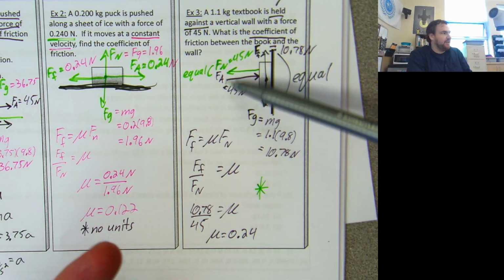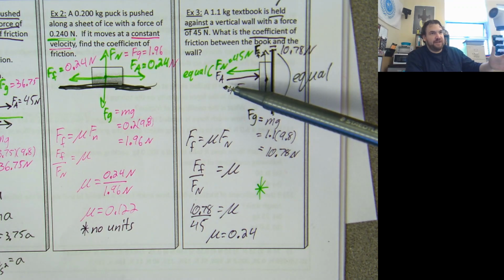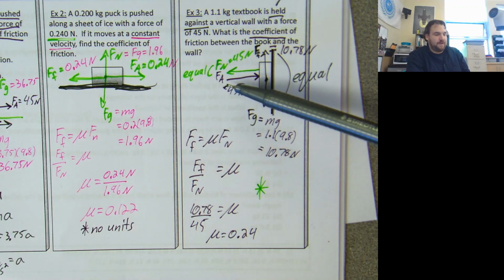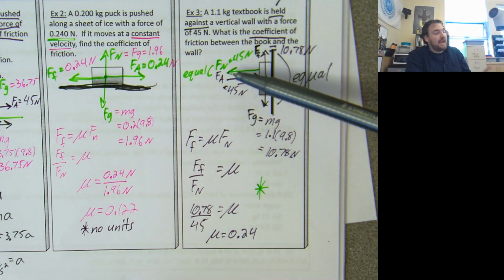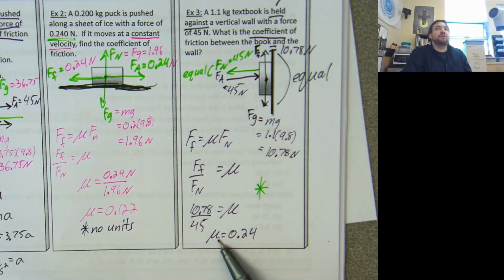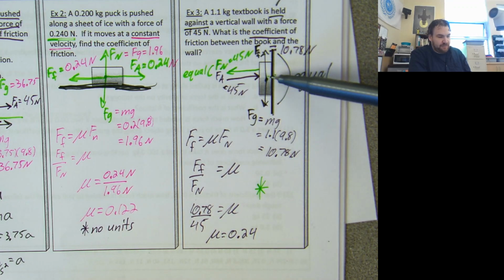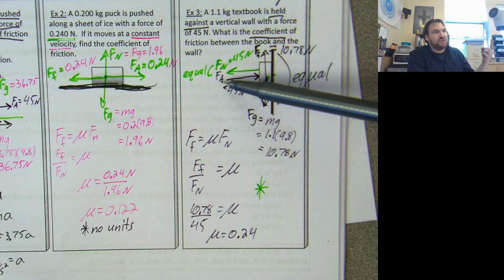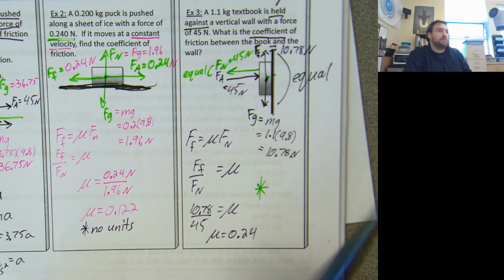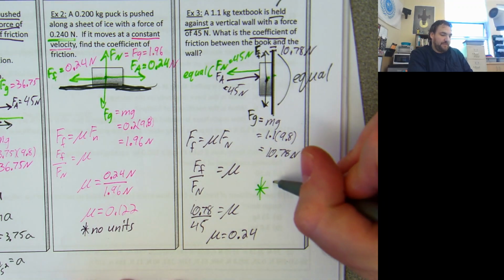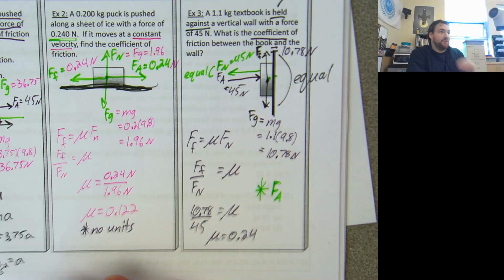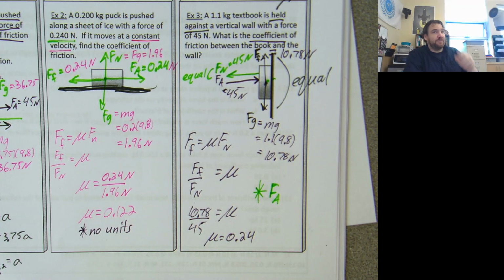These two are always going to be equal unless the book finds itself being absorbed into the wall. So the only way that this is actually the coefficient of friction for these two surfaces is if what is true about that applied force? There has to be something true about that applied force.